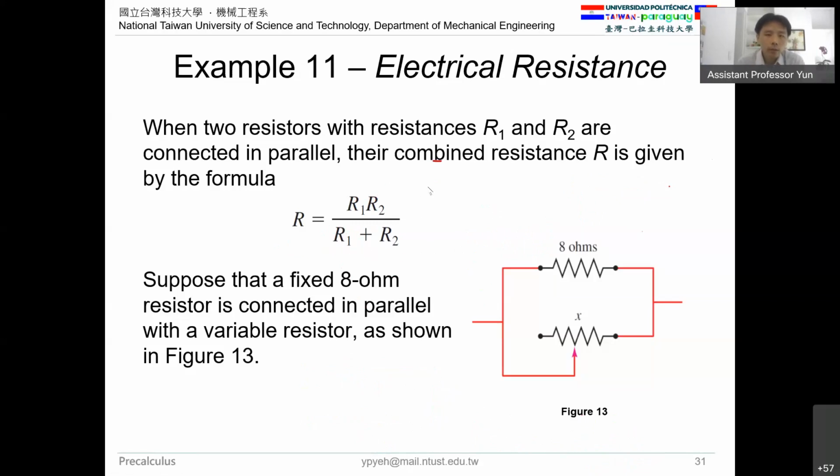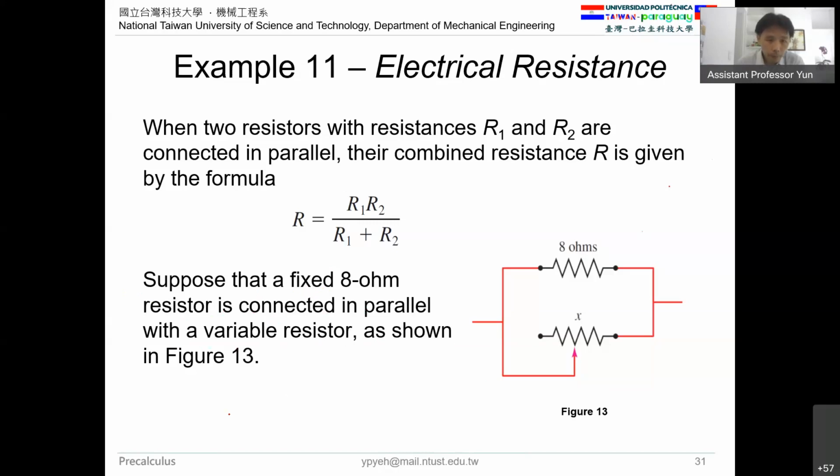Now that we understand the model of the parallel connection of resistances, suppose a fixed 8 ohm resistor is connected in parallel with a variable resistance as shown here.